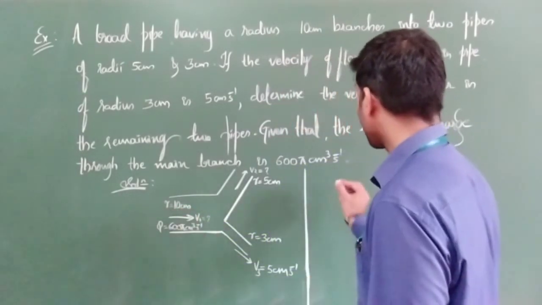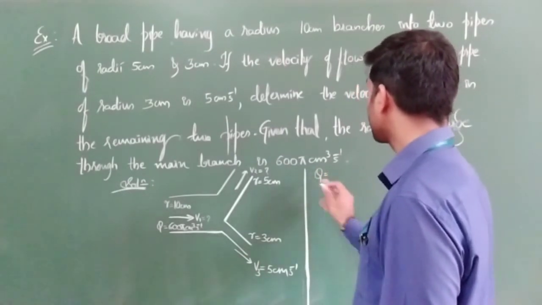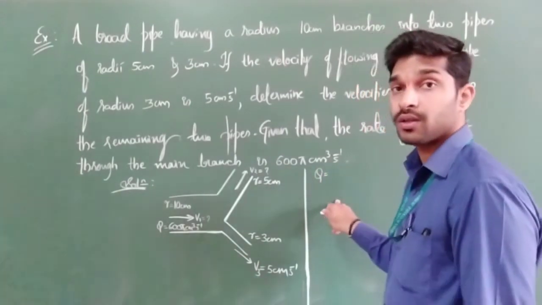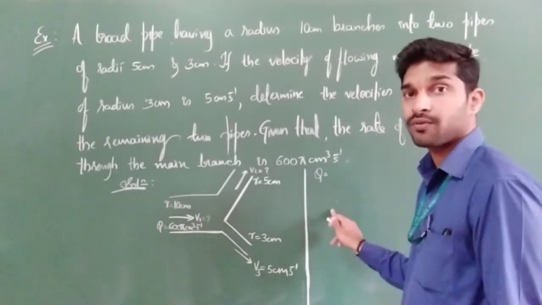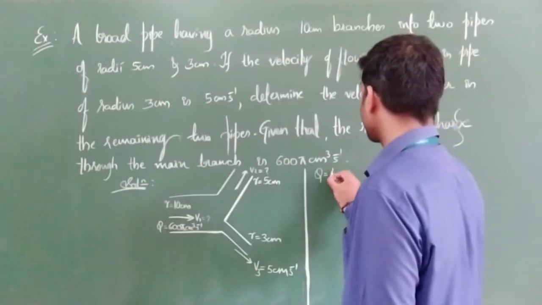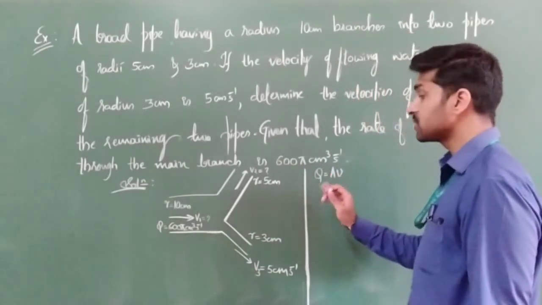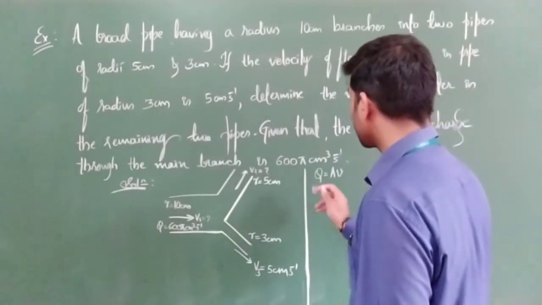Q is the rate of discharge, volume per unit time, which is nothing but V by T. Or as we had written, Q is equal to A into velocity. Now 600 pi is nothing but Q.